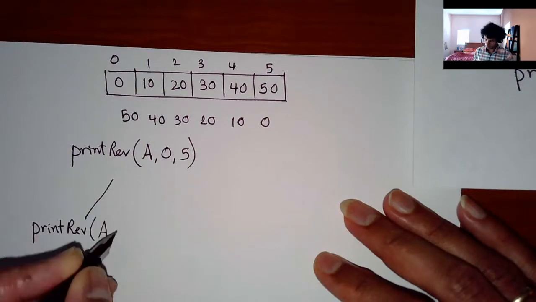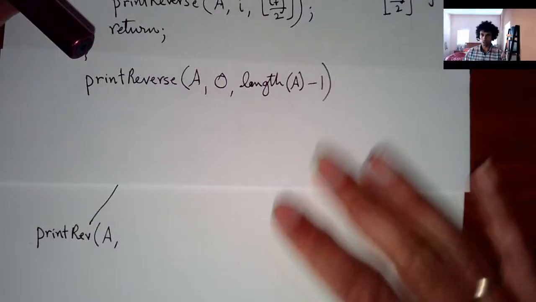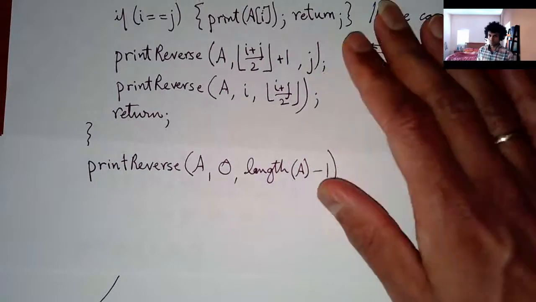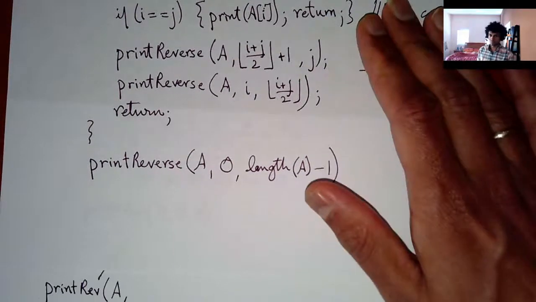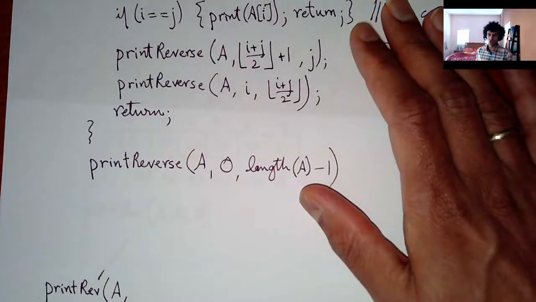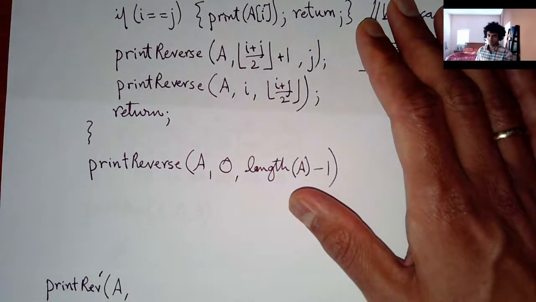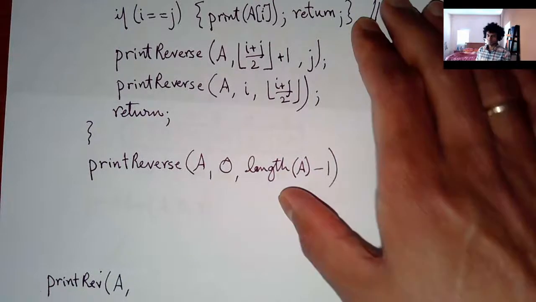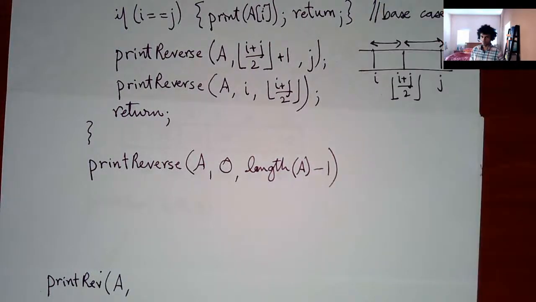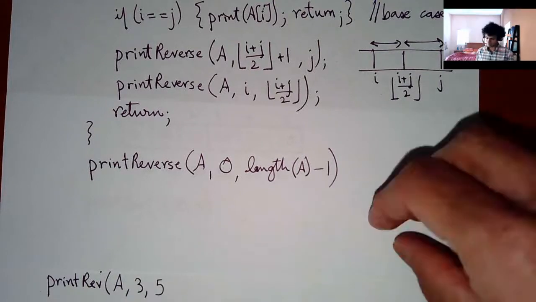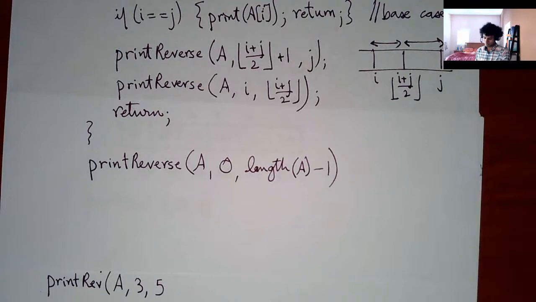Can someone shout out what the arguments of the first recursive call are going to be? Remember, i is equal to 0 and j is equal to 5. So 3 and 5, right? 3 and 5.